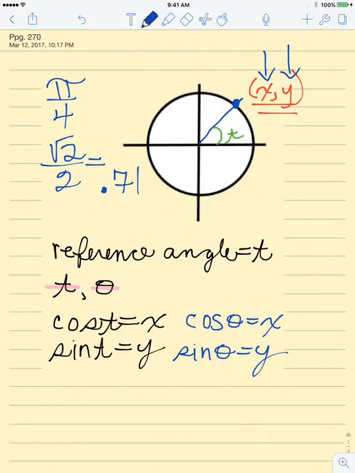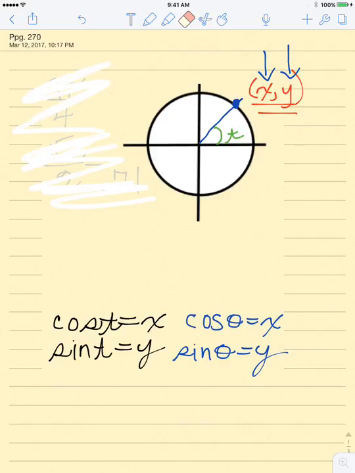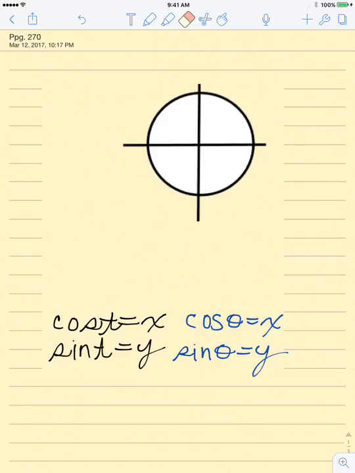Okay, so let's actually just make some room and leave this up here. What if we look at another angle? Let's say we look at this angle right here, where t now is 2 pi over 3.